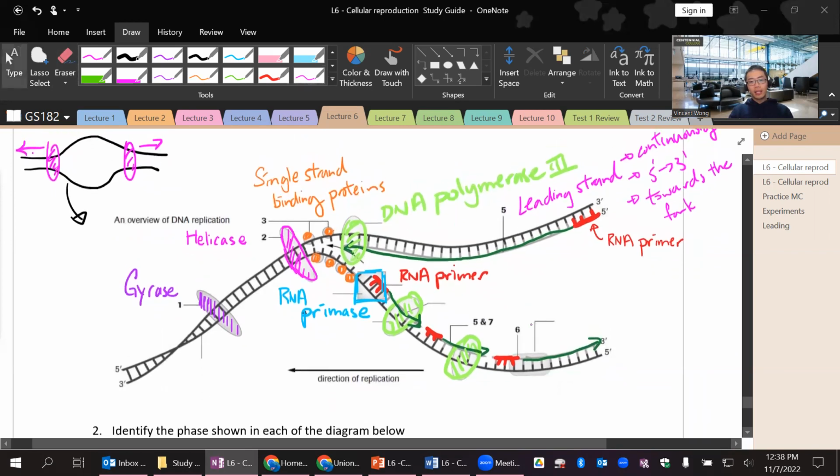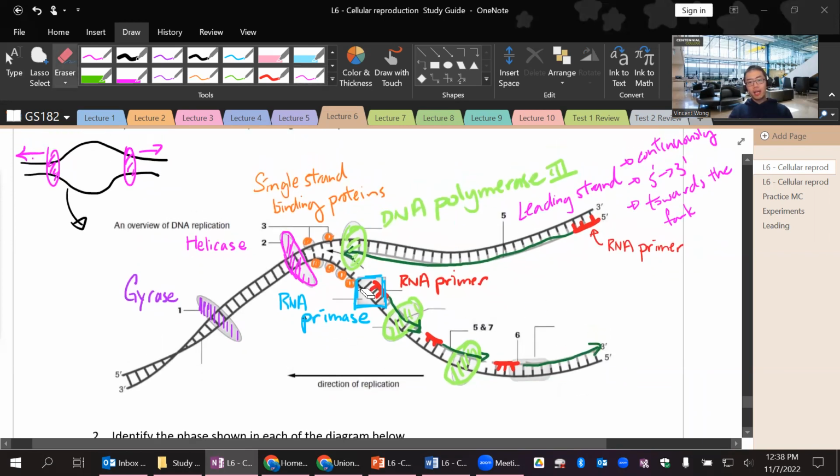On the other hand here, this strand that is being synthesized discontinuously, that would be the lagging strand. Lagging strand. Okay. Discontinuous. Still, it's 5' to 3'.